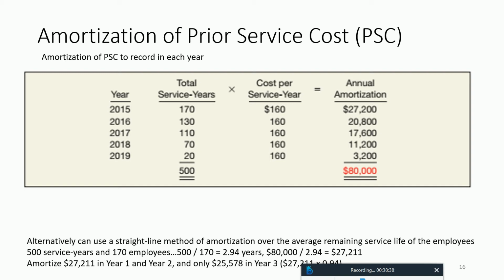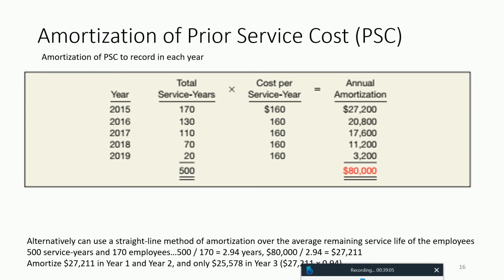Now, alternatively, you can also use a straight line method over the average remaining service life of the employees. So we knew that we had 500 service years and we have 170 employees. So what that means then is that on average, each of those employees is going to work 2.94 years. That's 500 divided by 170.